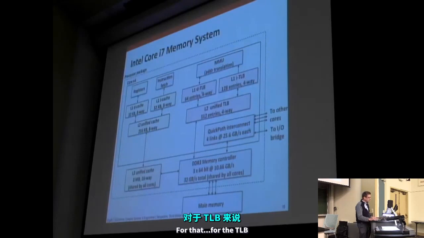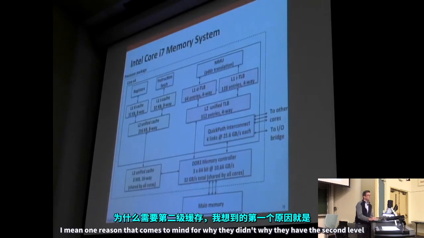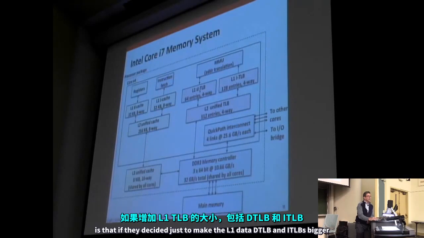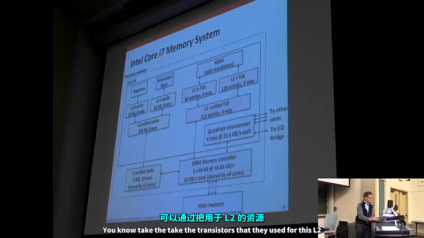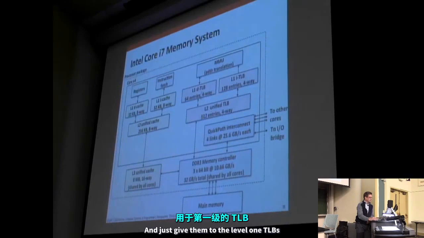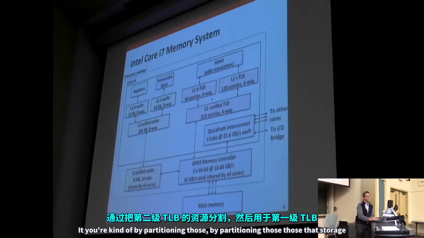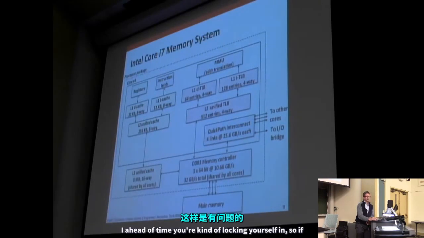For the TLB, one reason that comes to mind for why they have this second level is that if they decided just to make the L1 DTLB and ITLBs bigger, take the transistors that they used for this L2 and just give them to the level 1 TLBs, you kind of by partitioning that storage ahead of time, you're kind of locking yourself in.